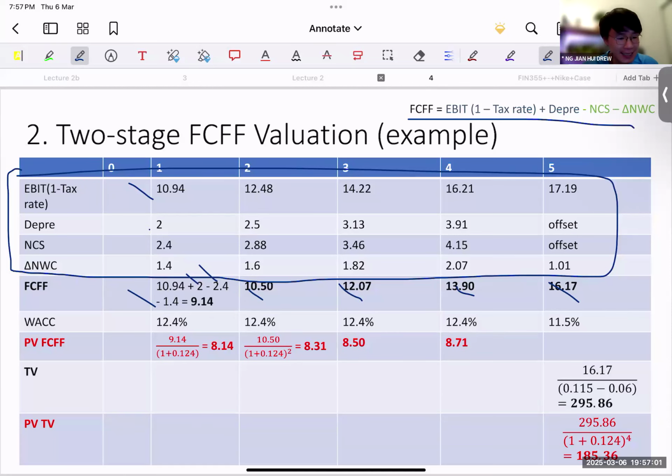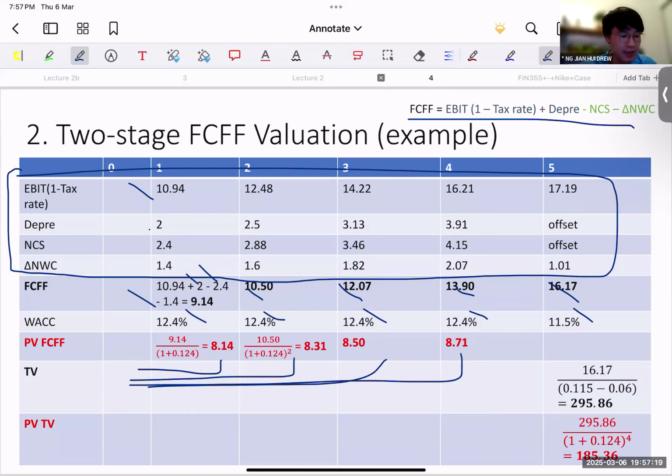We know our WACC is the same as high growth, and then it drops to a lower amount at a low normal growth. Then at the high growth stage, we present value all the figures to year zero, so basically discounting it. And we calculate the terminal value for year 5 onwards, assuming a stable growth, based on the question.